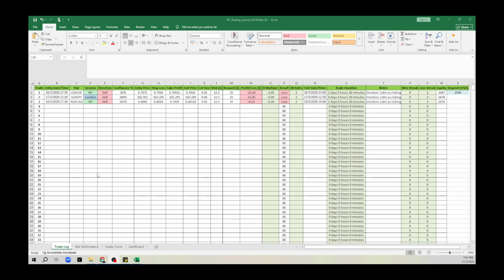If you're someone who is new to trading, you can take a screenshot of this trading journal and try to create a somewhat similar journal, or add or remove whatever you think is necessary or not necessary. But I strongly suggest to have your own trading journal so that you can also start tracking your trades.